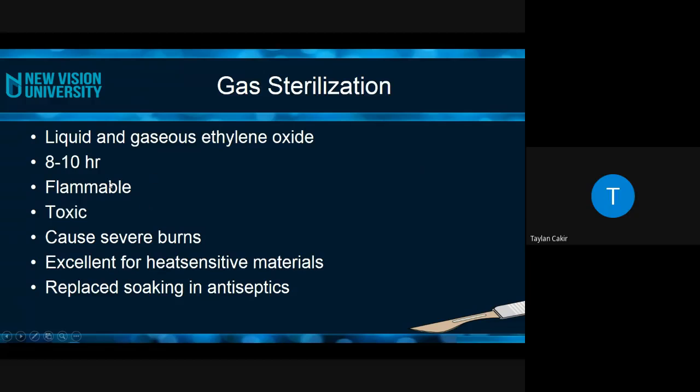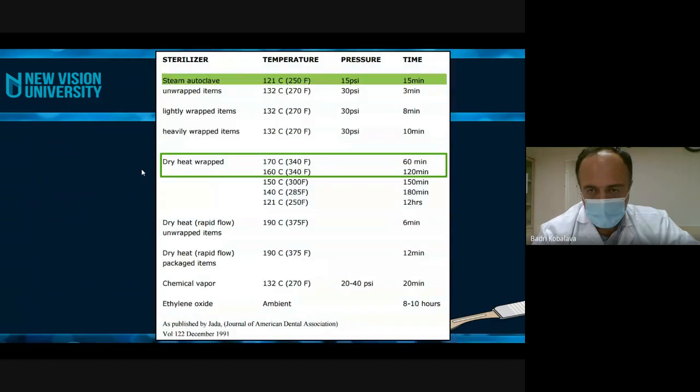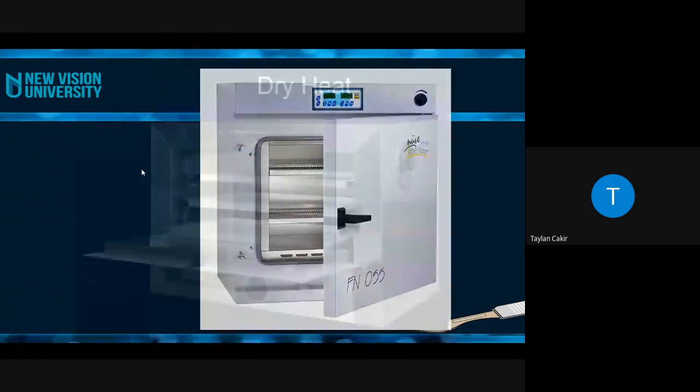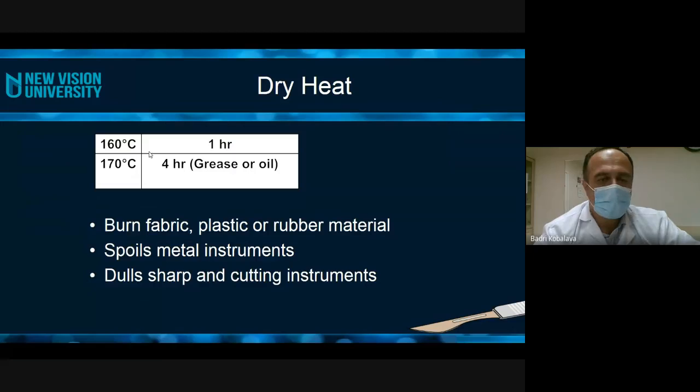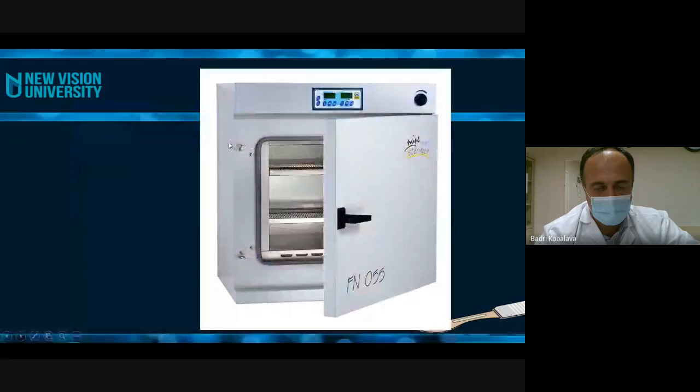Sorry, I think the students are asking as well. My question is the same. You said 15 minutes, but in your previous slide it says 13 minutes for 121 degrees. On the previous, before this, if you carry on going back. I said 1 hour, 160 degrees, 1 hour.